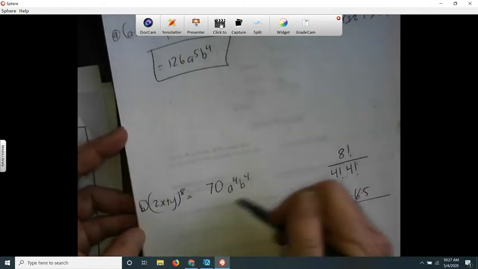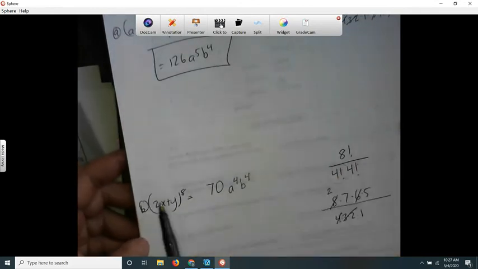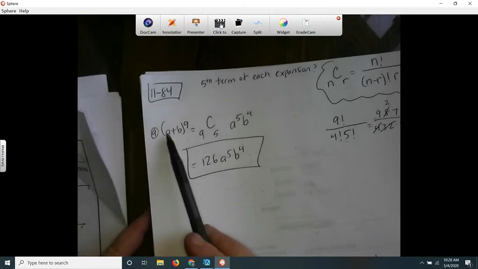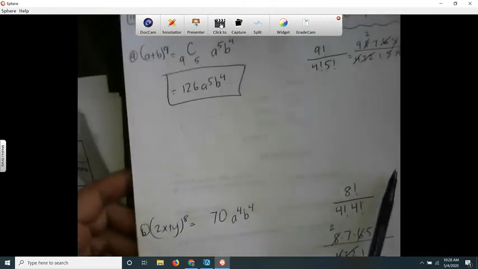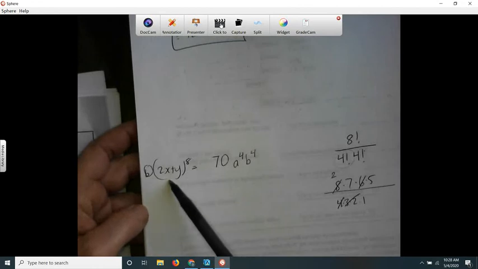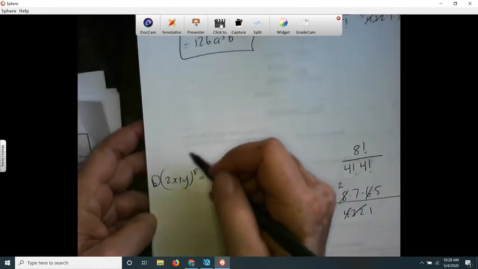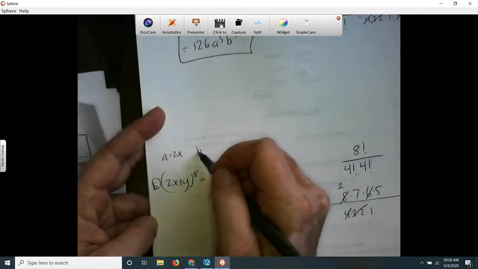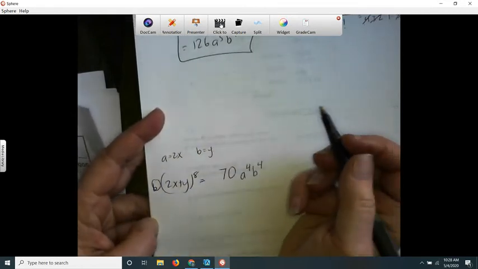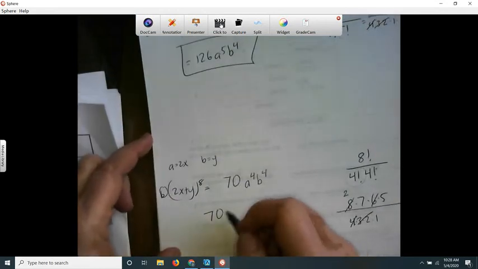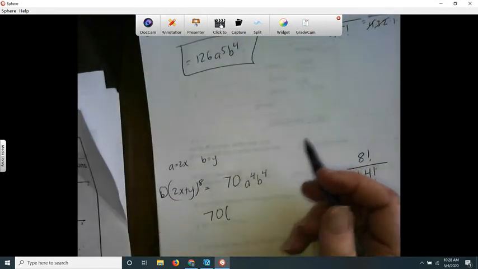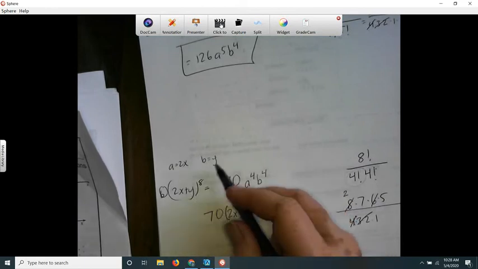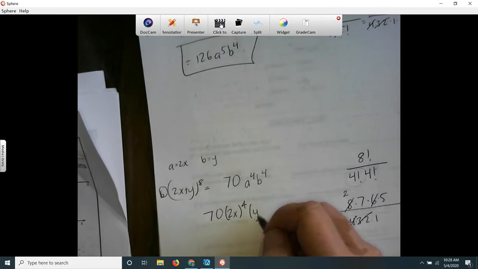You think I'm done, but I'm not done, because on the first one, A was just A and B was just B. On this one, A is 2x and B is y. So I'm just going to do a little arithmetic here, plugging in my numbers, a little substitution.